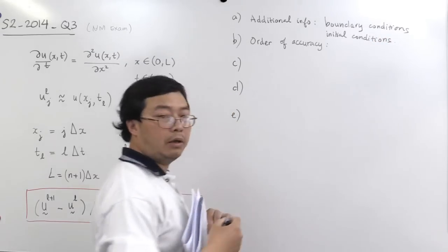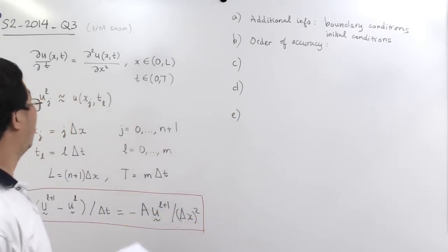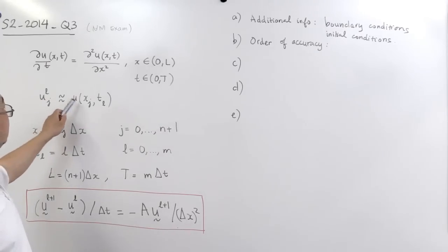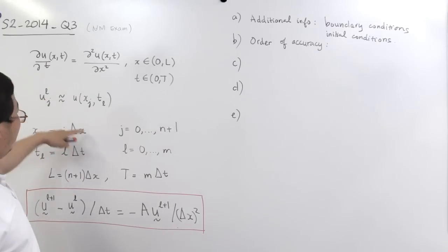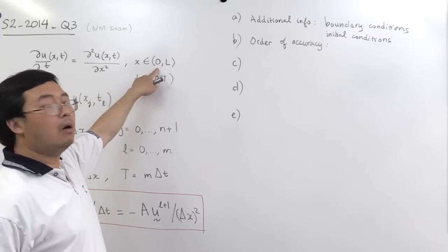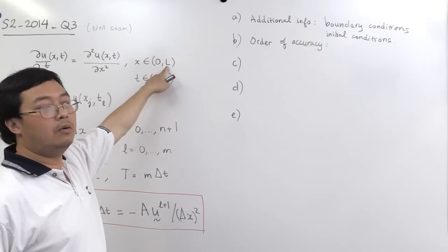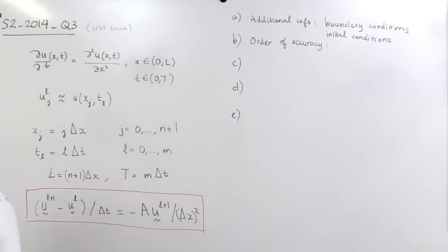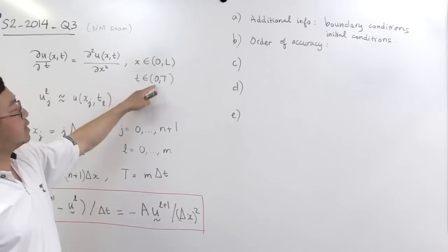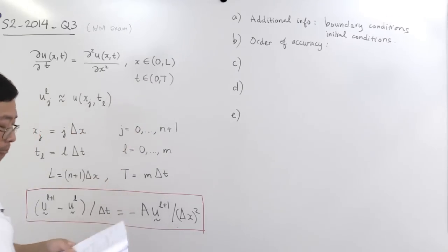So what are the boundary conditions? So boundary conditions are the values of u when x equals 0, or the value of u when x equals capital L, okay? And what are the initial conditions? So initial condition is the value of u when time equals 0, okay?